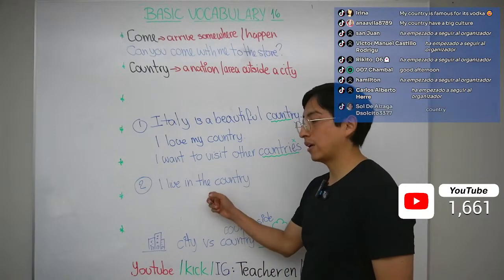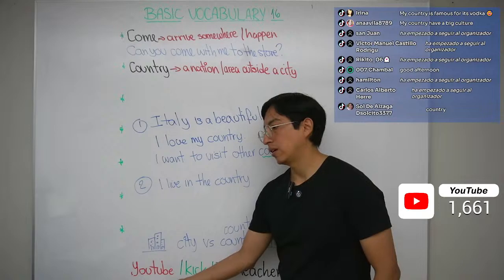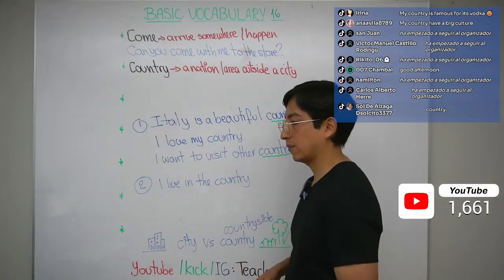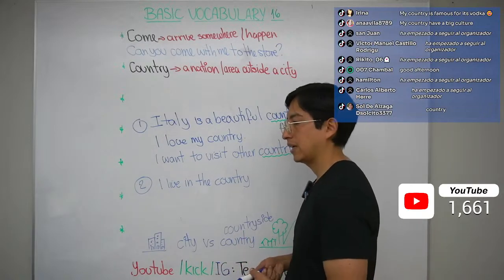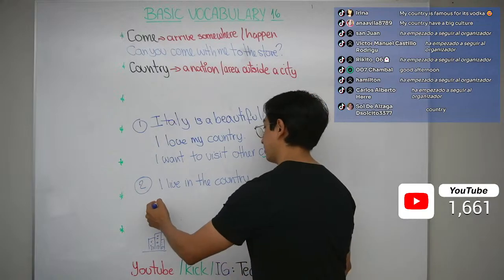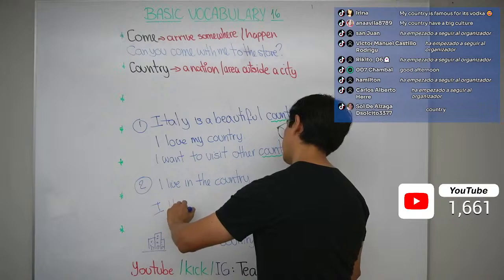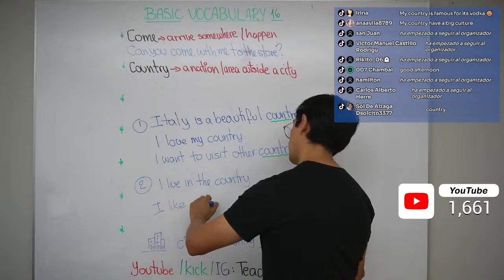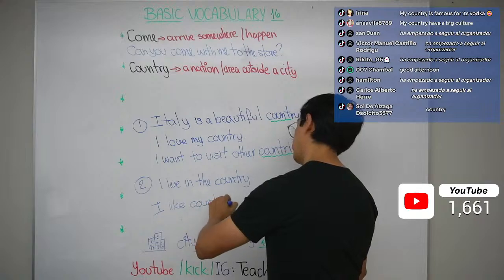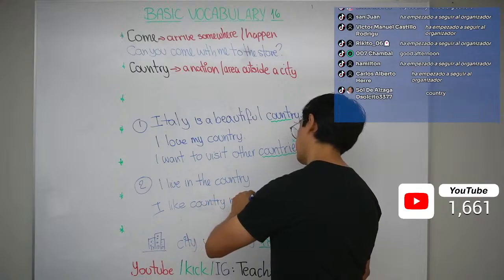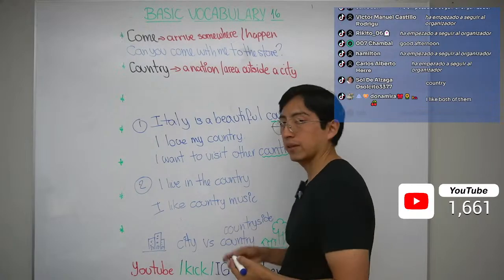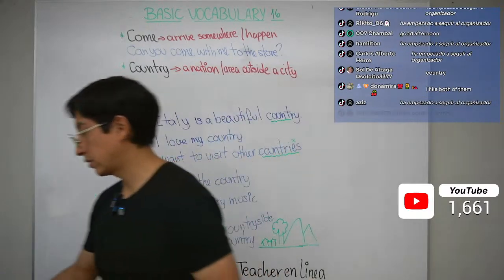Okay, this is how we can use this structure. Maybe we can also say here, I like country music. Okay, I like country music.